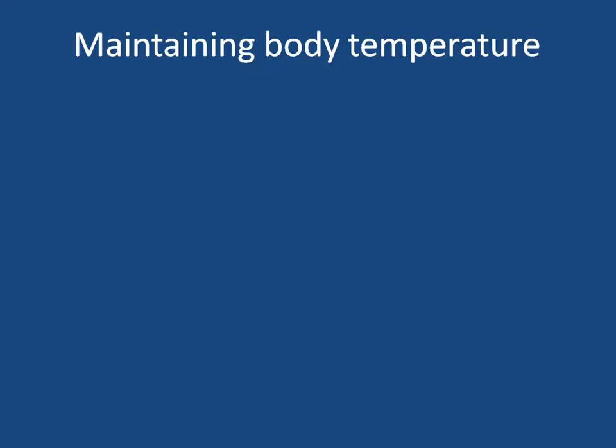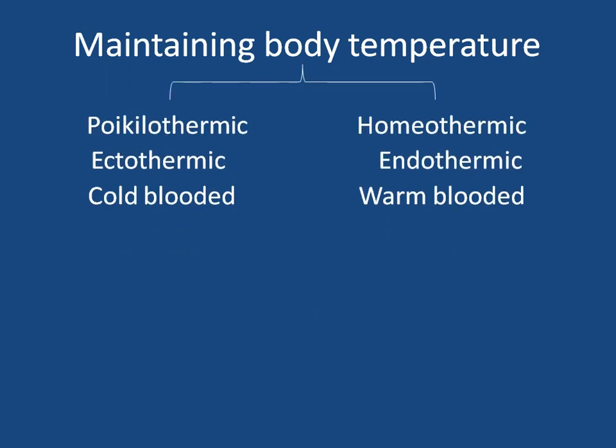The next term is related to maintaining body temperature. Whether a given organism is capable of maintaining its own body temperature or not, based upon this fact, we have terms like poikilothermic or homeothermic. Poikilothermic organisms are also called ectothermic or cold-blooded.